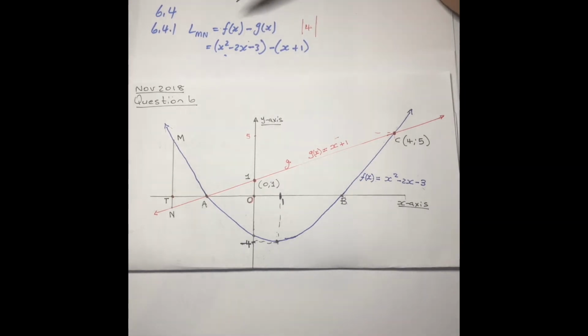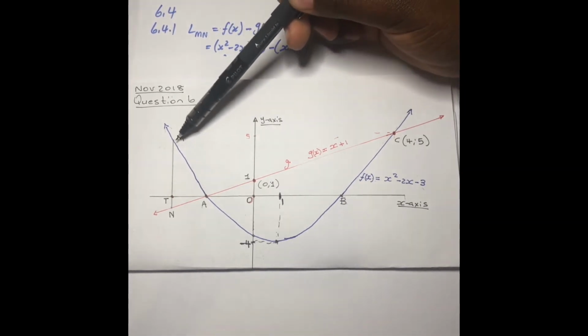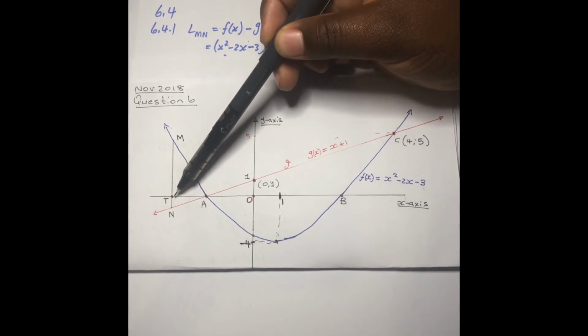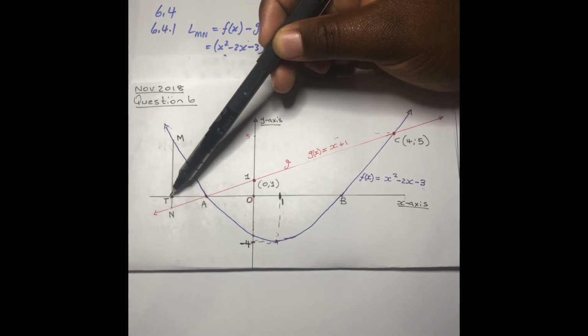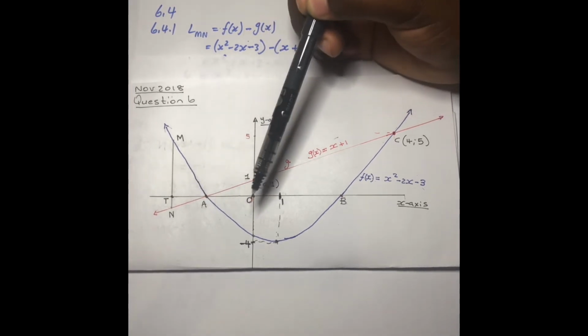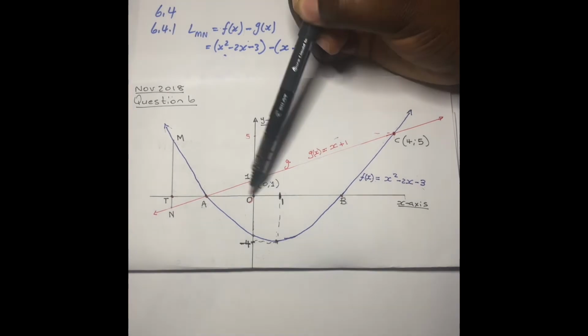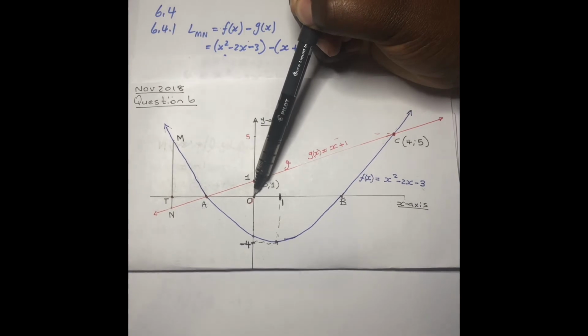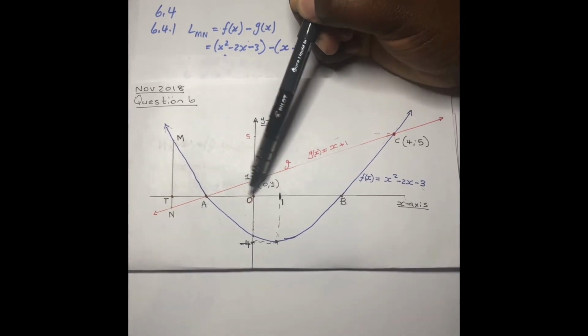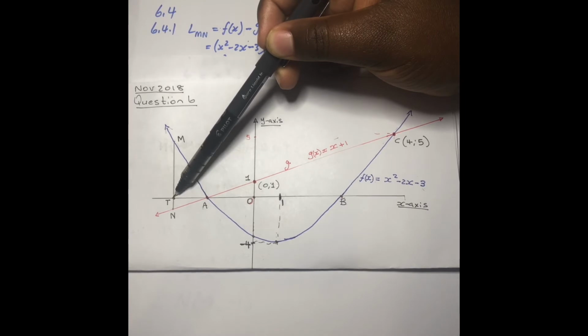In solving this question, I'm simply going to calculate the difference between the two graphs and then equate it to 6, then solve for x. The x value that I get is the x value at that point. So whatever x value I get is the distance from O to T. If I get 10 as the x value, then it means from O, which is the origin, or point 0, to point T, it's equal to 10.